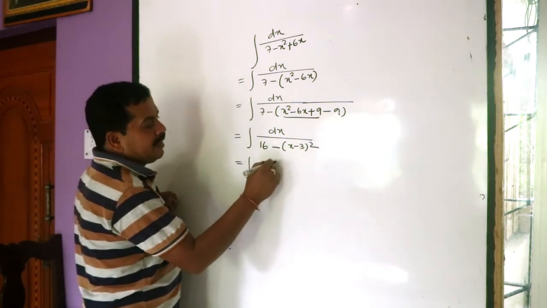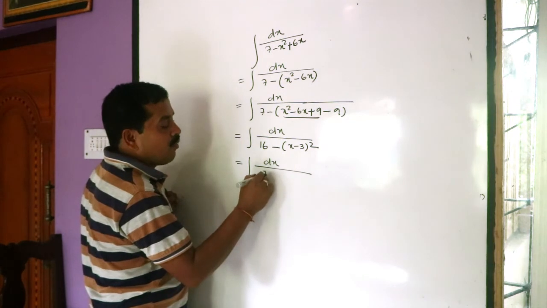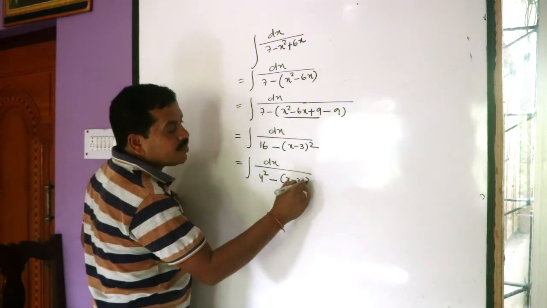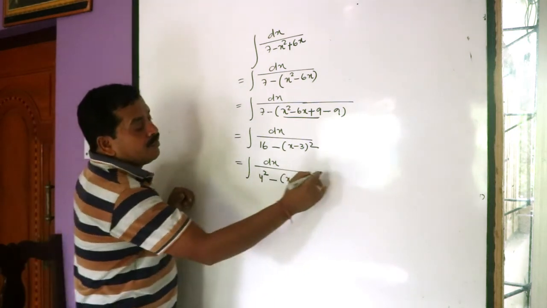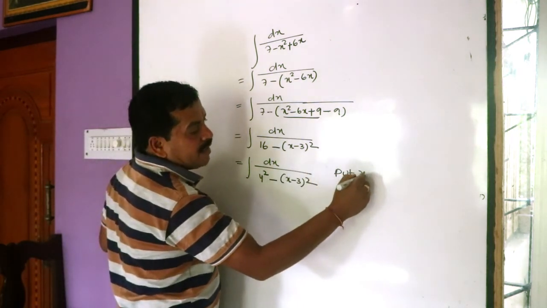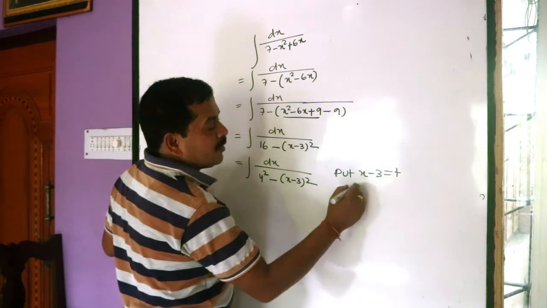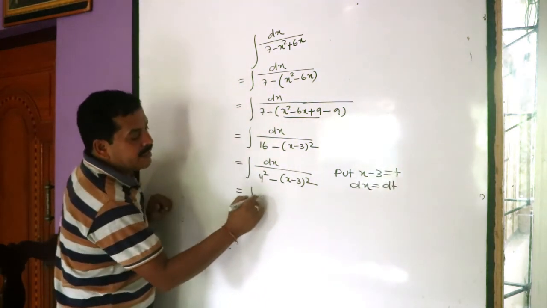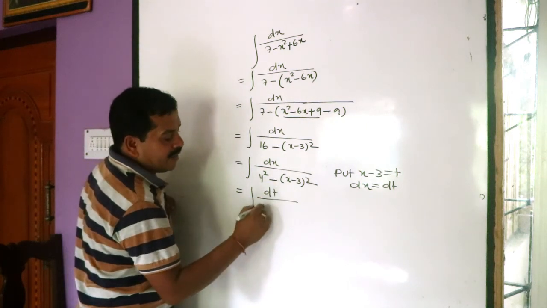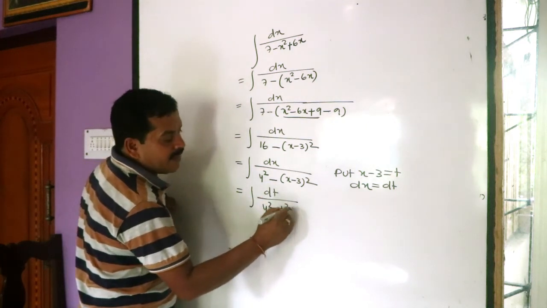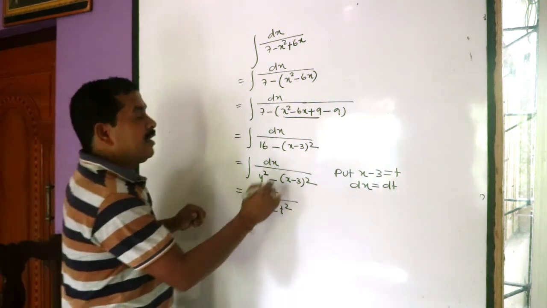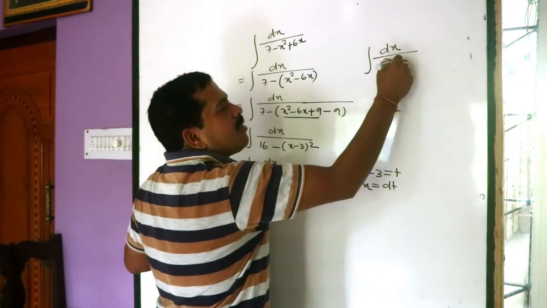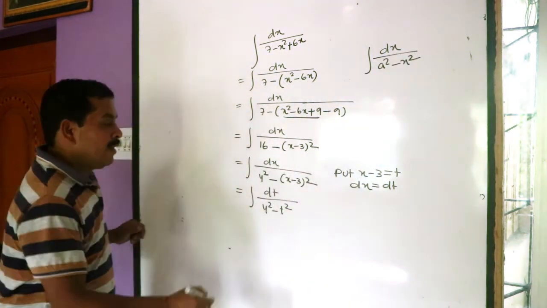That is dx by 4 square minus (x minus 3) whole square. If you take x minus 3 as t, dx as dt, then the integration becomes dt by 4 square minus t square. That is the formula dx by a square minus x square.